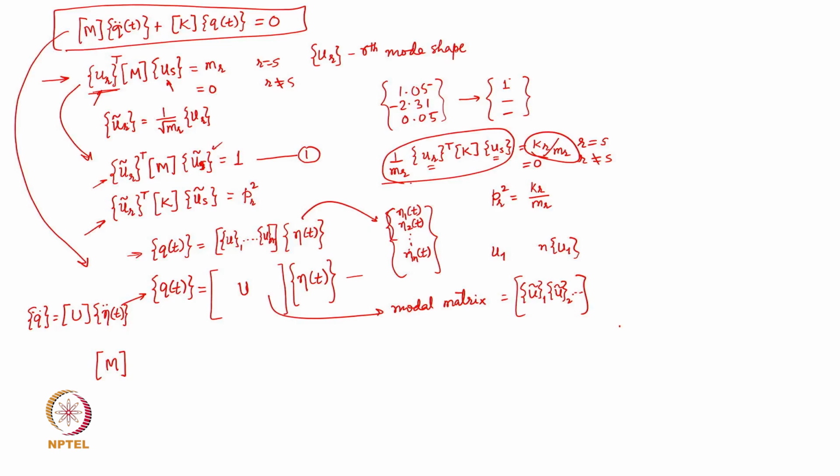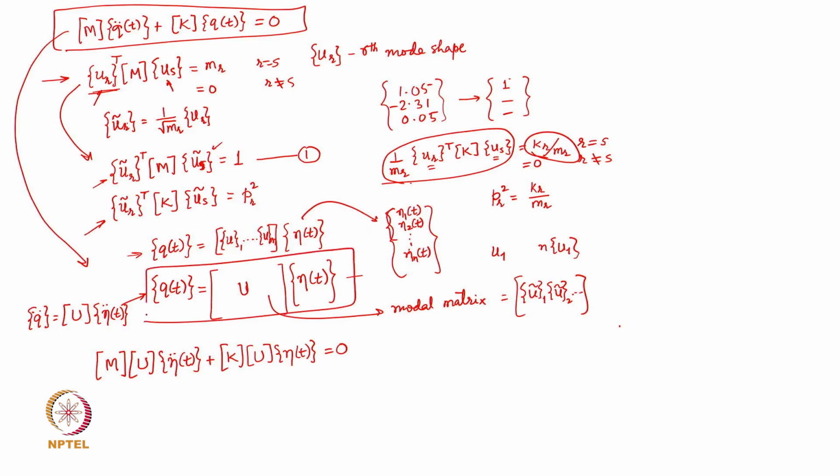If I take the time derivative of eta t, I can represent that as eta double dot t. So, now this m q double dot is going to be replaced by m U eta double dot t, plus this k q t is being replaced by k U eta t.